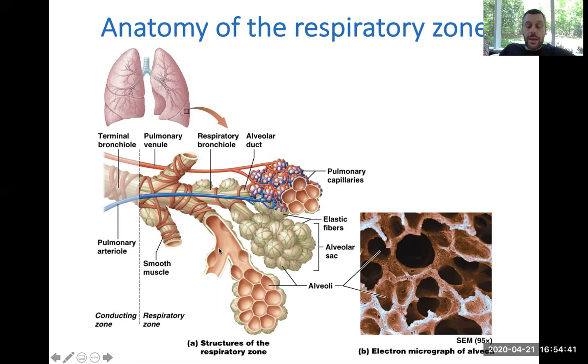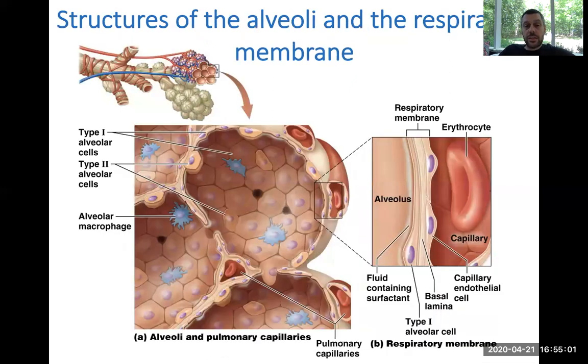And then where the business actually takes place is in the respiratory zone, which is where the alveoli sit. So the pulmonary capillaries are where the gas exchange is going to take place, and we're going to zoom in to that structure for just a second to look at it in a little bit more detail.